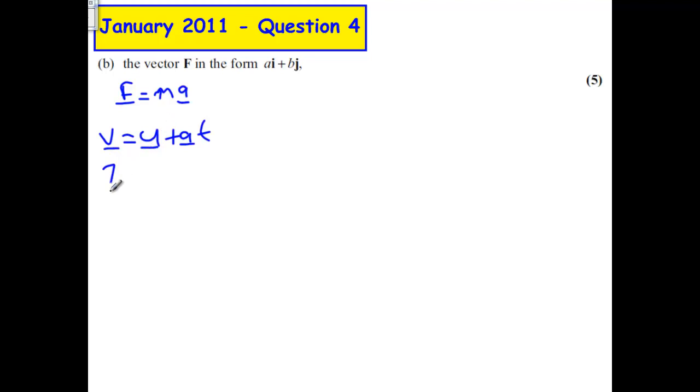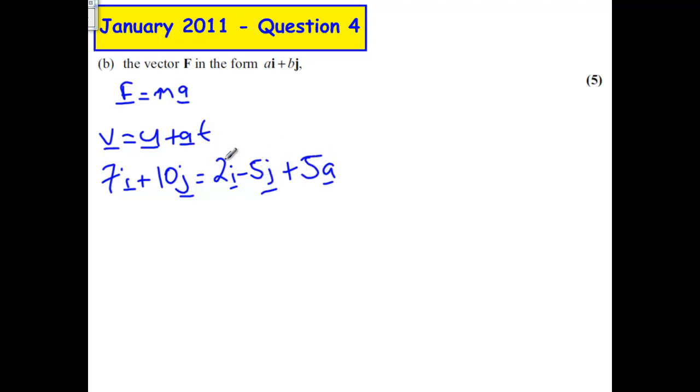So the final velocity is 7i plus 10j, and that is equal to the initial velocity, which was given to us as 2i minus 5j, and the time was t equals 5, so plus 5 times the vector for acceleration.